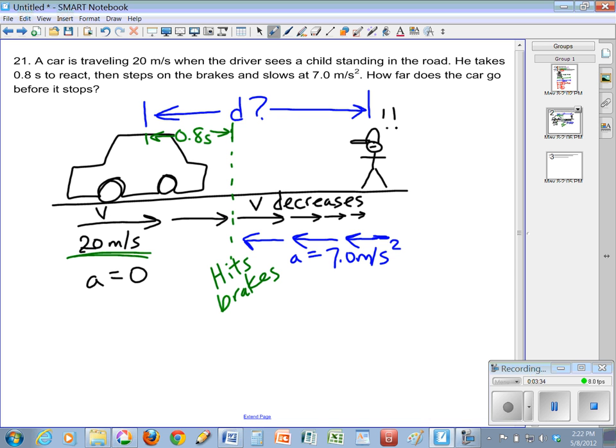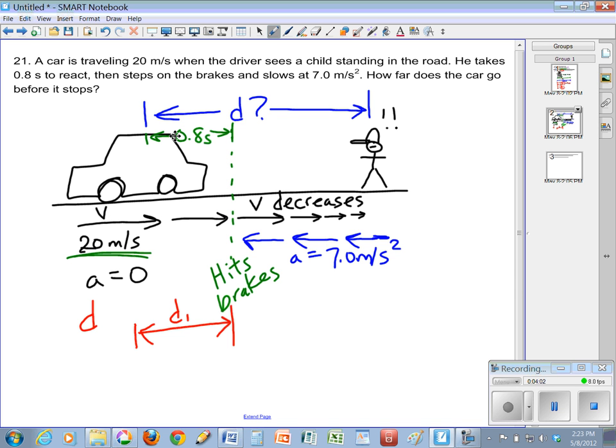This is actually a kind of tricky question because you will have to figure out the distance from this position here, before the car hit the brakes, to the point when the car hits the brakes. We don't know. This will be the first distance.